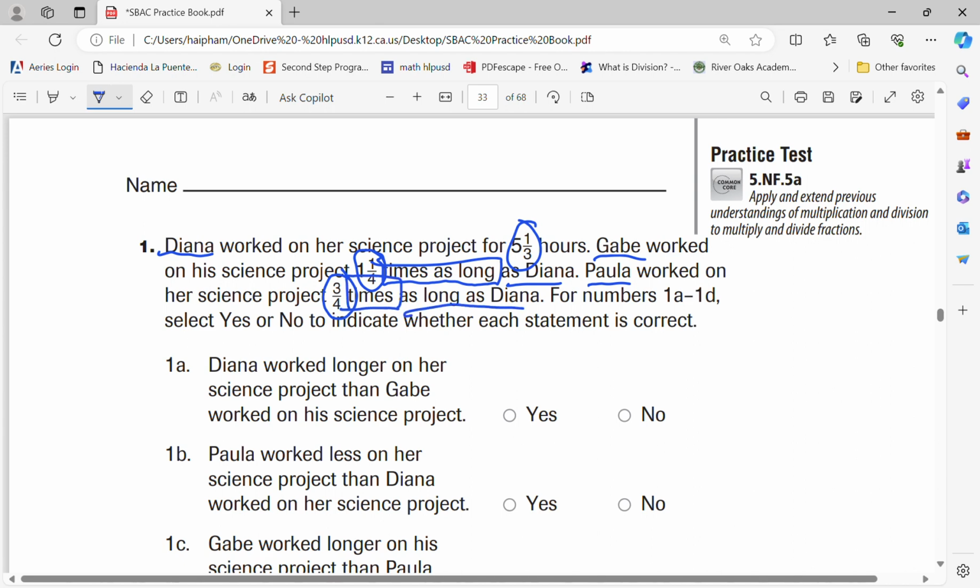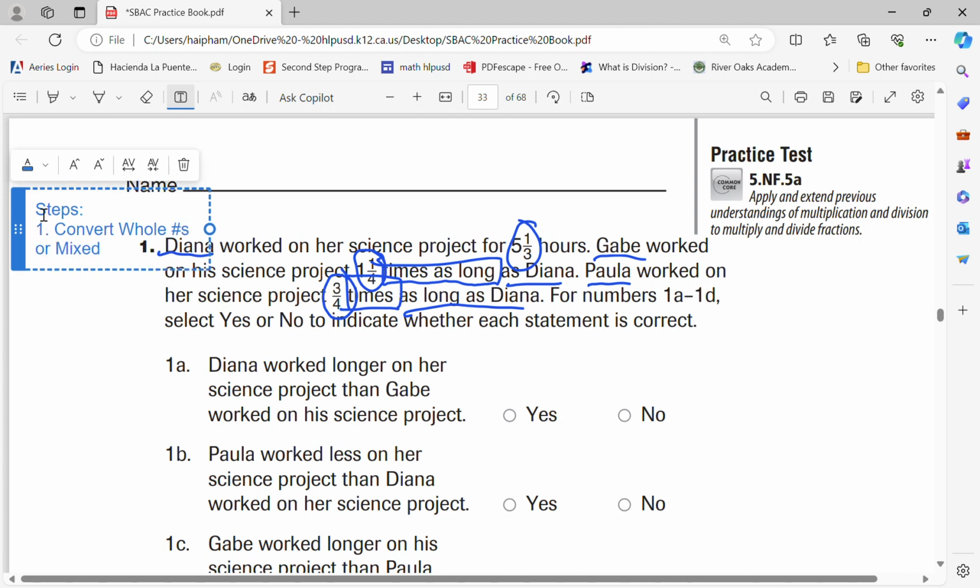Okay, before we determine the amount of time Gabe and Paula worked on their science projects, let's go over some steps for multiplying fractions. Step 1, let's convert whole numbers or mixed numbers to fractions.